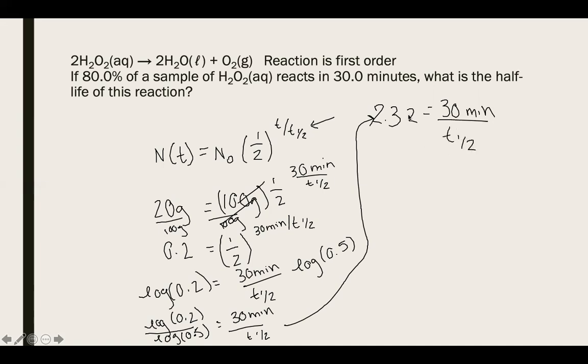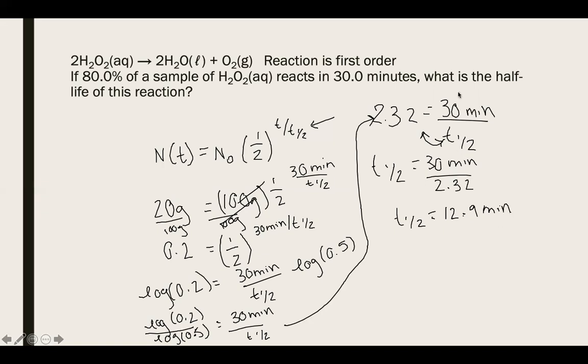And so in order to get your half-life, you can just flip these two terms. And so then t1/2 equals 30 minutes divided by 2.32. And when you do 30 divided by 2.32, you'll get your value of your half-life to be 12.9 minutes.